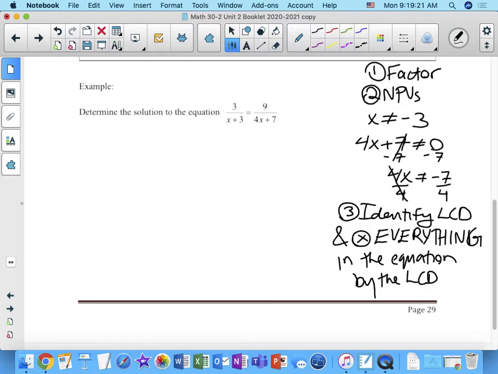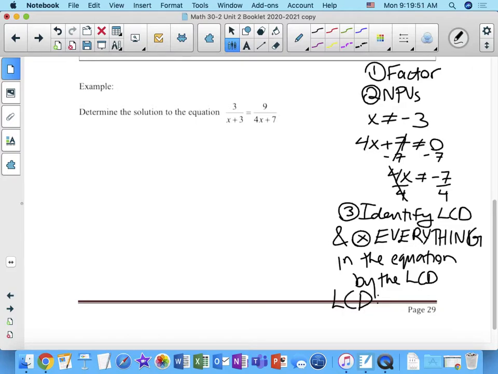What's the LCD there? Is there any commonality between those two factors? One of them's x plus 3, the other one's 4x plus 7.